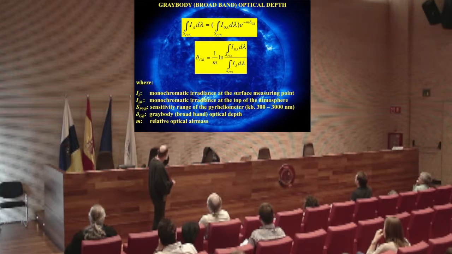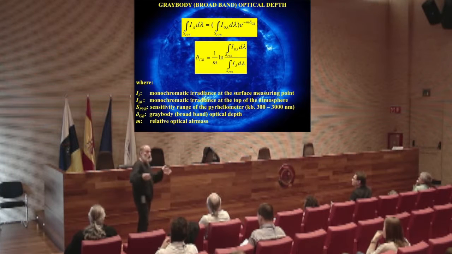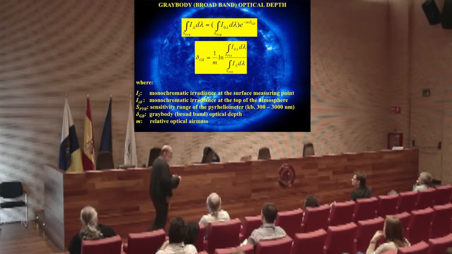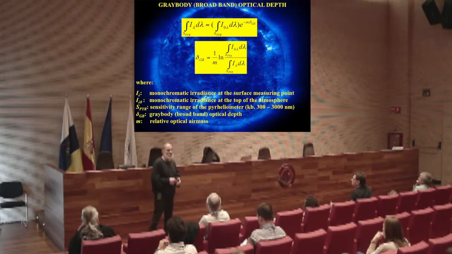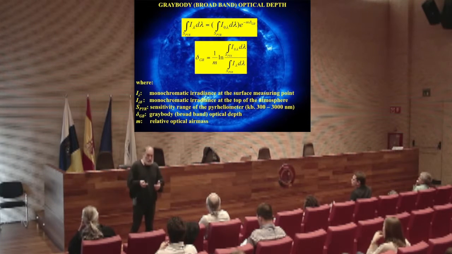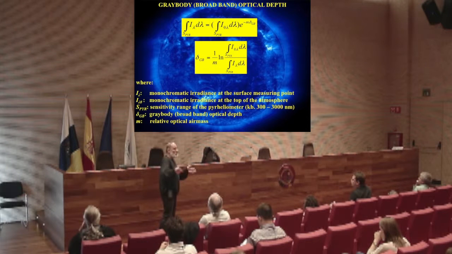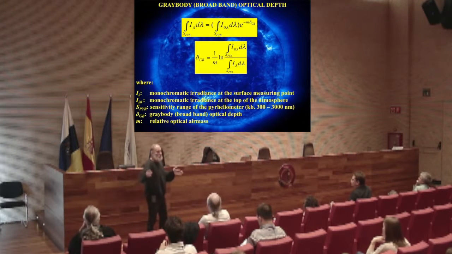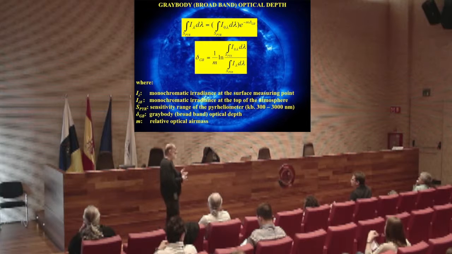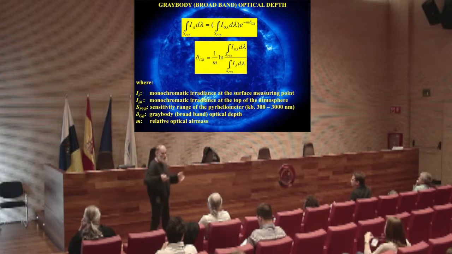I imagine the definition is absolutely the same as the monochromatic optical depth, but extended to the sensitivity range of the pyrheliometer. So it is a very averaged and general parameter, not a real average, optical depth for that very wide range.